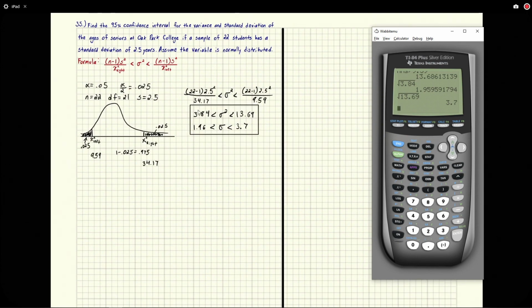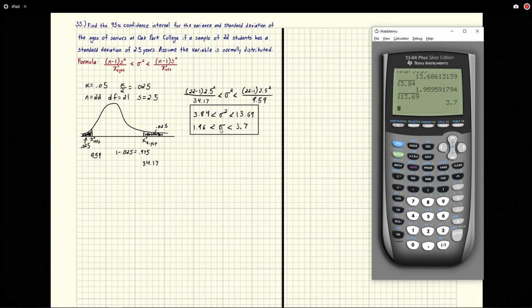So what are we looking for first? We're looking for the ages of seniors at Oak Park College. So we would say that the true variance of the ages of seniors at Oak Park College is between 3.84 and 13.69 years.